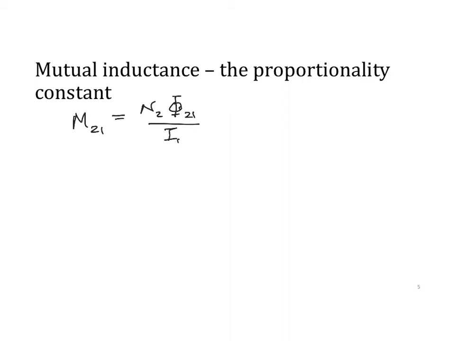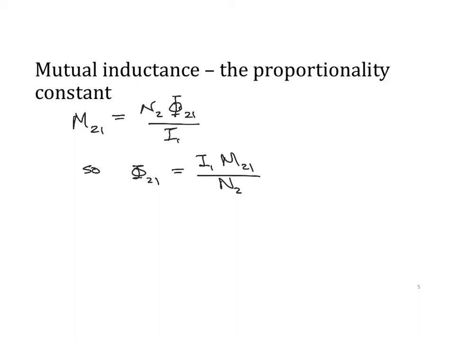So in other words, we could rearrange that and write that the flux through loop number 2 because of the current in number 1 looks like this. So it's a proportionality constant.